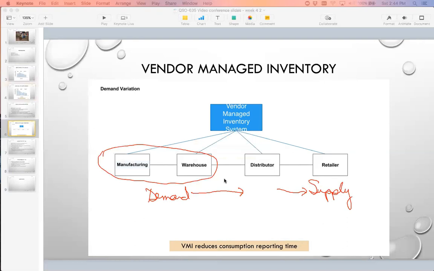But if supply is greater than demand, then you have over inventory, in which case the manufacturer is not happy, because in many cases the manufacturer has to warehouse it.